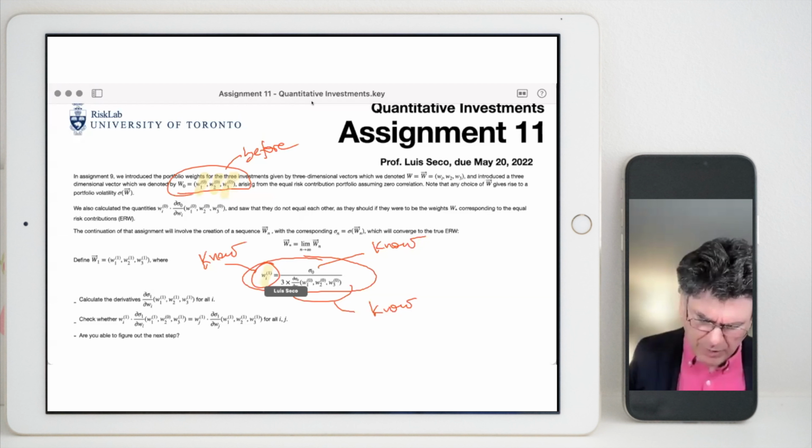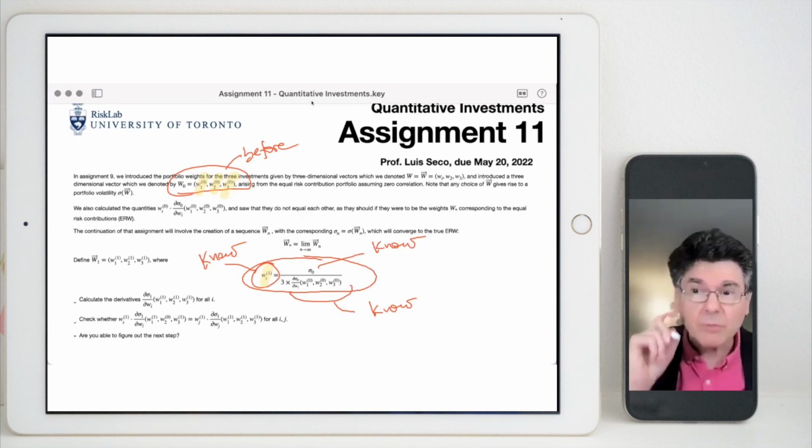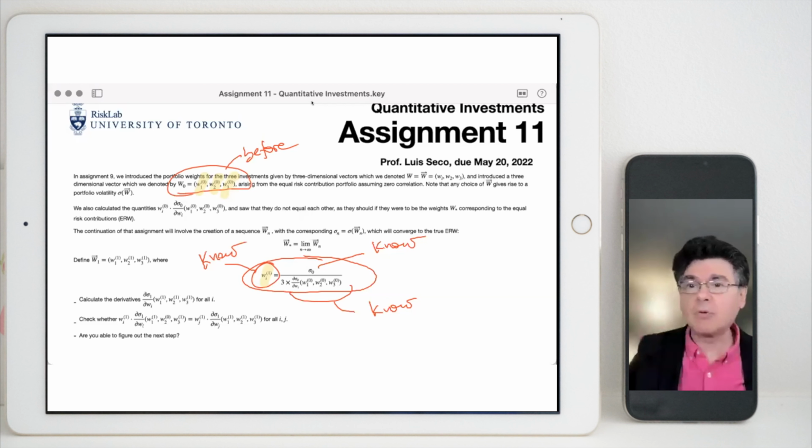Now we have the weights with subscript 1. And then they'll have subscript 2, and then 3. And eventually they will converge to the same number. But anyway, this is what I want you to do on your own. This is the last part of the assignment.